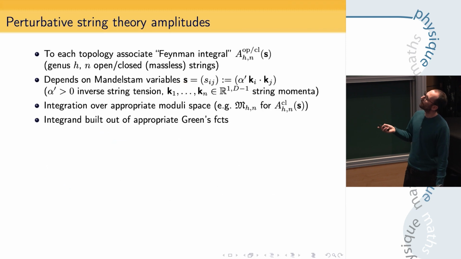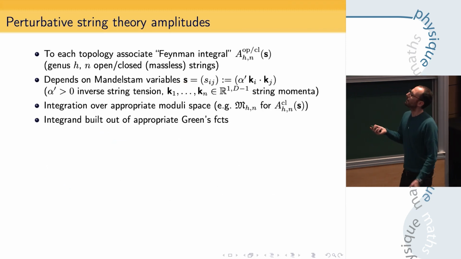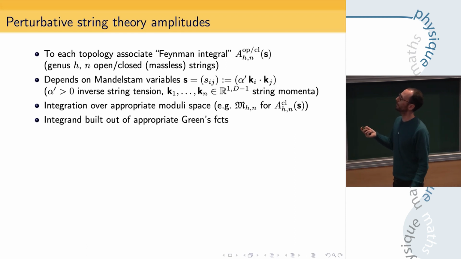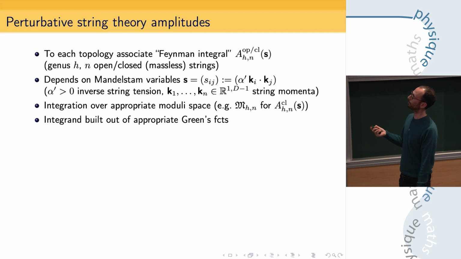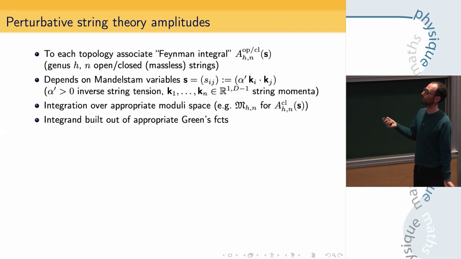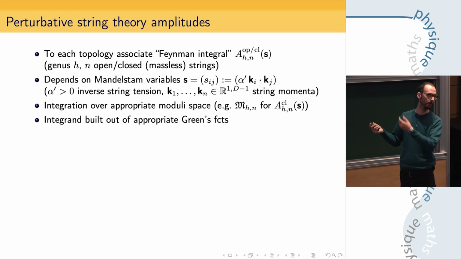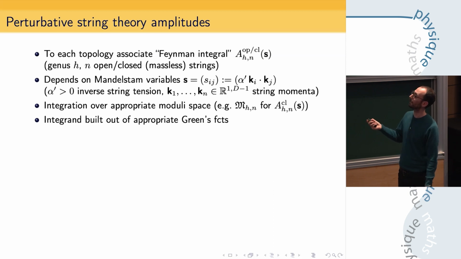So the very imprecise idea of computing this perturbative expansion of string theory amplitudes is that to each of these topologies of these surfaces you associate a Feynman integral, which is something which depends on the genus of the surface, on the number of strings, which were 4 in the example. Now they can be n.